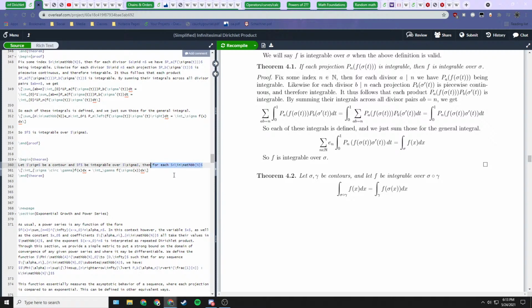Actually, we can say the integral on sigma of f is just the integral on, let's say, f of sigma of t dt times sigma prime. And we should say, how should we express this?